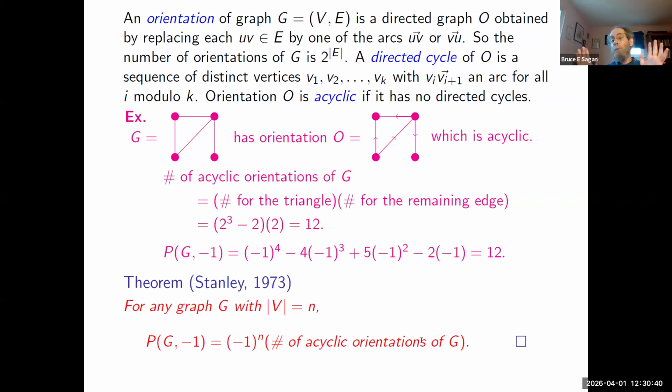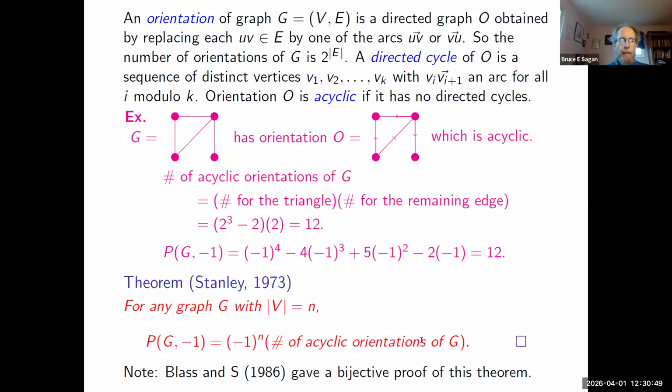Richard, of course, proved it using deletion contraction, because that's what you do. I wanted a combinatorial proof, and this was when I did my first postdoc at U of M, Andreas Blass, who some of you may know, the logician, I think he's retired now though, and I were then able to give a bijective proof of this theorem, which I was very happy about.